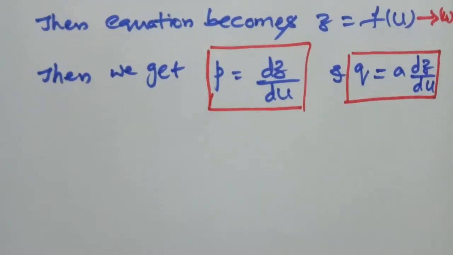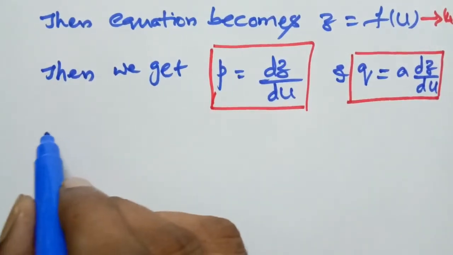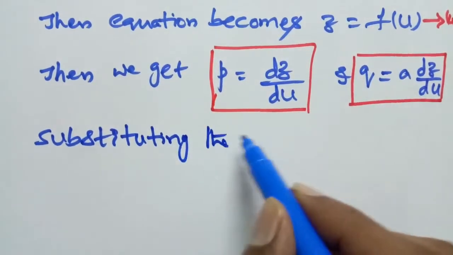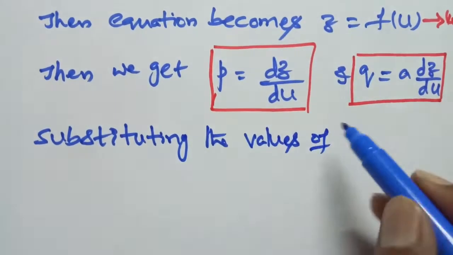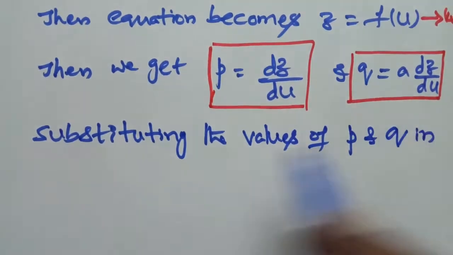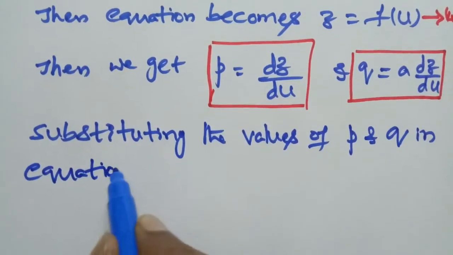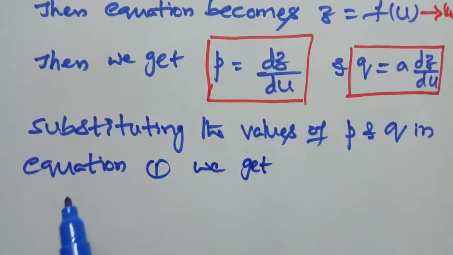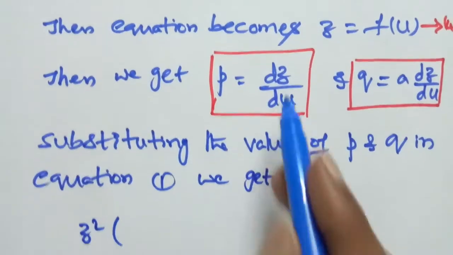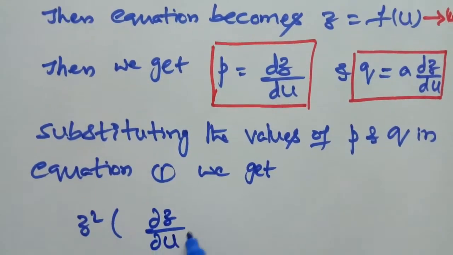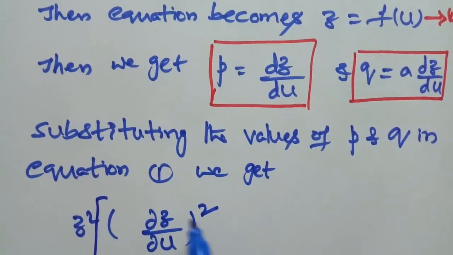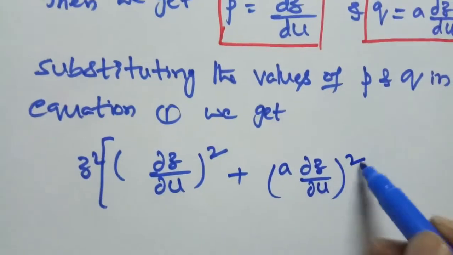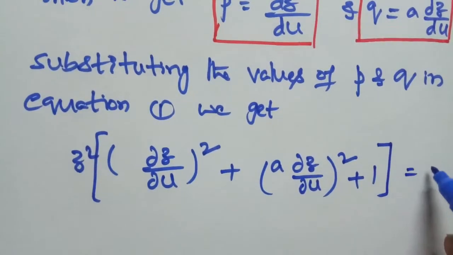Now substituting the values of p and q in equation 1, we get z square into p square, that means dou z by dou u whole square, plus q square, a into dou z by dou u whole square, plus 1 is equal to 1.